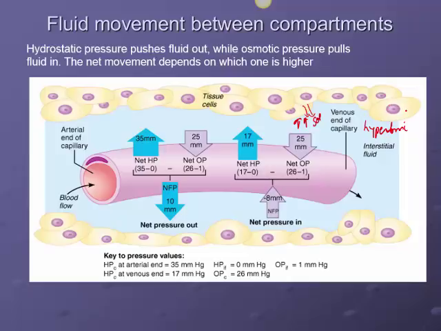So what will happen to the cells? The cells will shrink. On the other hand, let's say the solutes are diluted, so the amount of solutes is less, but water is more, so it's hypotonic. There's more water here than inside the cell, so it will push water into the cell, so the cells will swell. Have you followed that? So that's what we mean by the solute concentration here determining the volume of the intracellular fluid compartment.